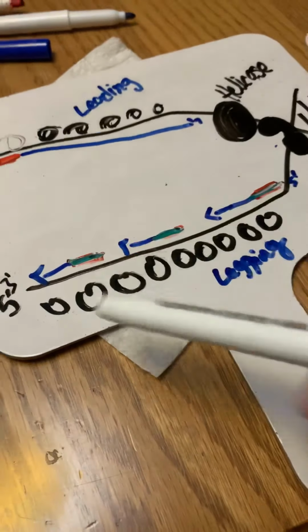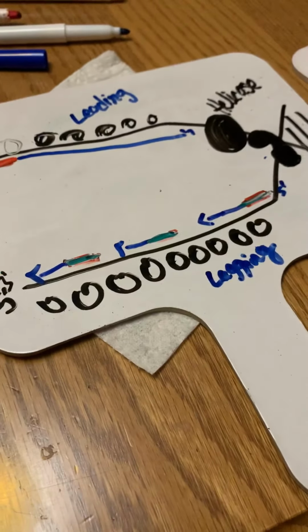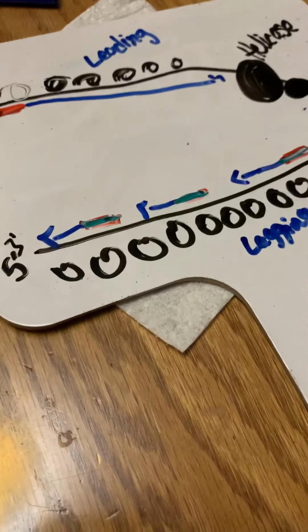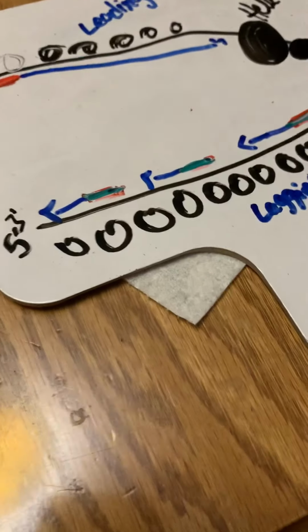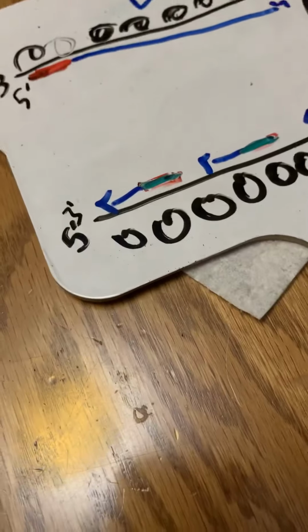Now this leads us into the final stage of DNA replication. DNA ligase glues or bonds these fragments together by catalyzing the phosphodiester bonds.